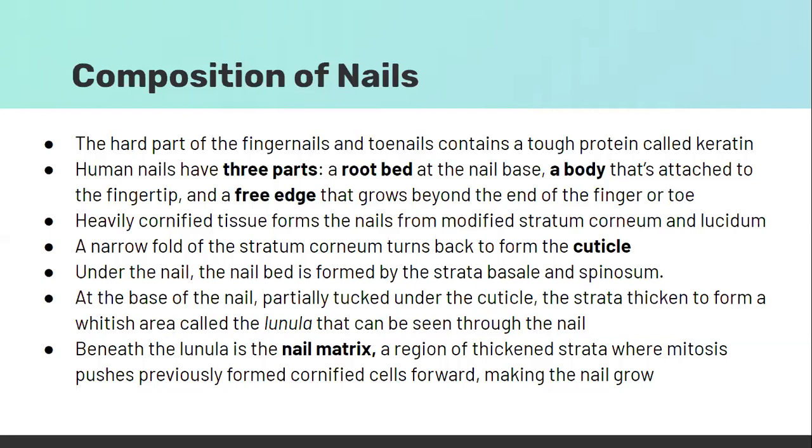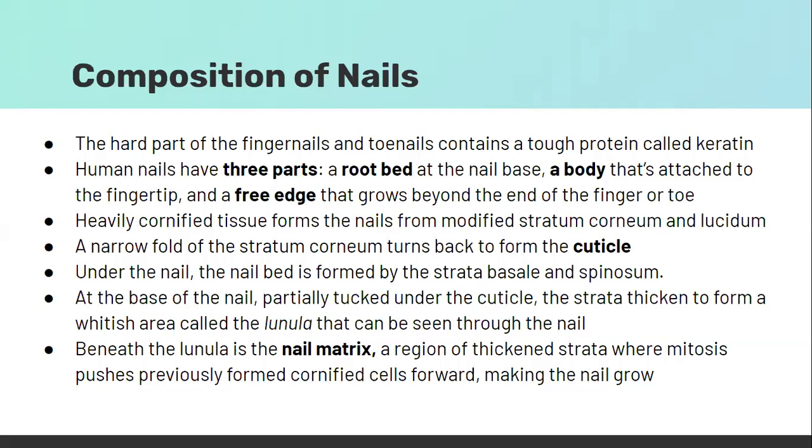If you don't know where your cuticle is, it's at the base of your nail, where you can see a little fold of skin. If you've ever gone to a nail salon, usually they push back your cuticles or do treatments to your cuticles. If your cuticles are healthy, your nails are generally also pretty healthy.